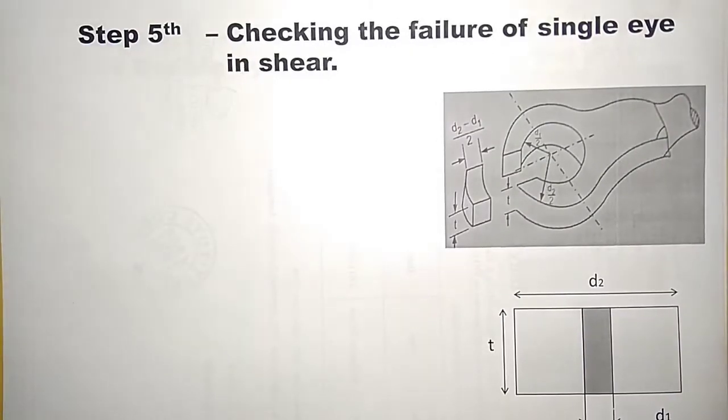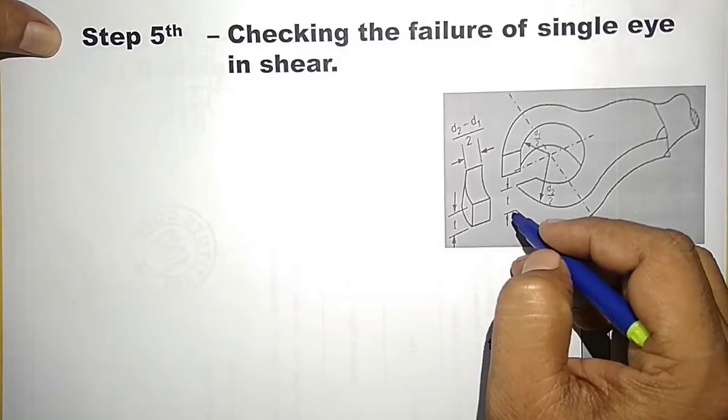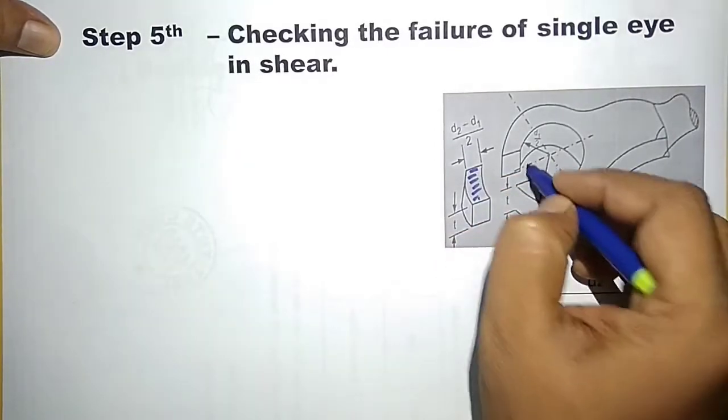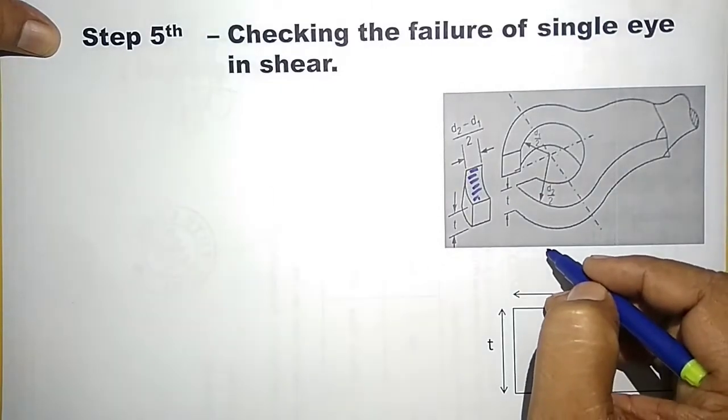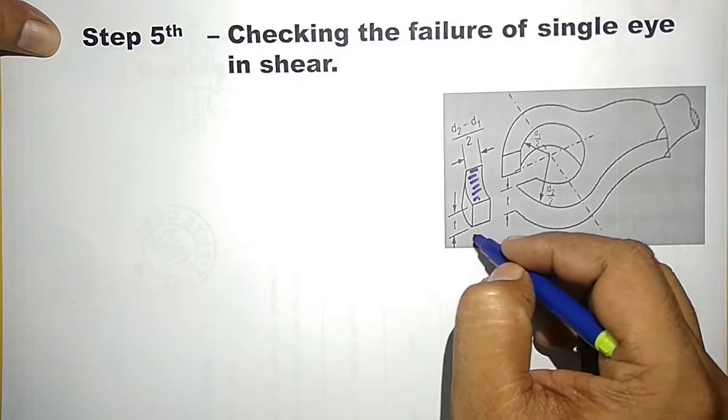In the fifth step, checking the failure of single eye in shearing. So the single eye or rod end may fail in shearing due to the tensile load. As we have already discussed in the last numerical, this piece of single eye will be broken out due to the tensile load W in shearing. Why shearing?